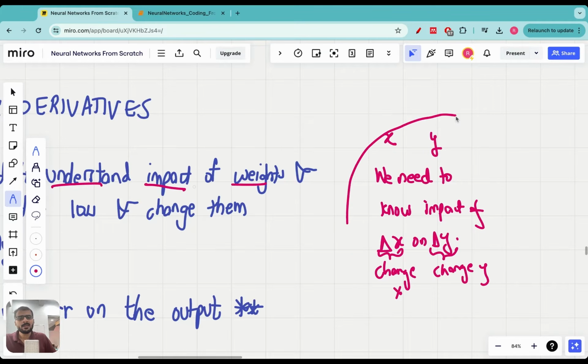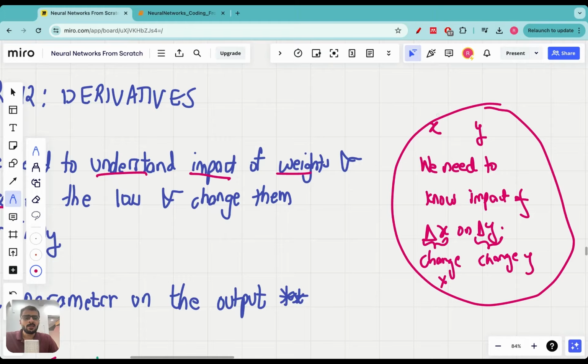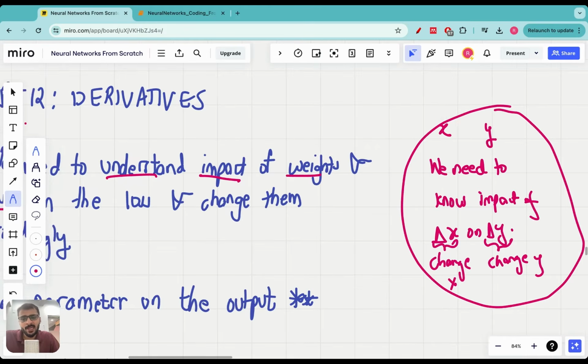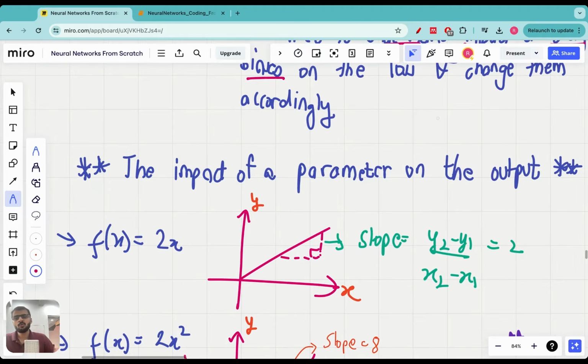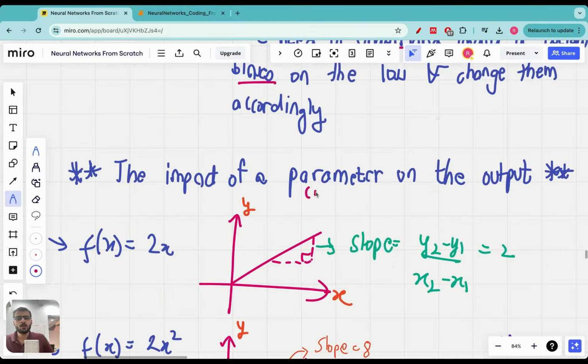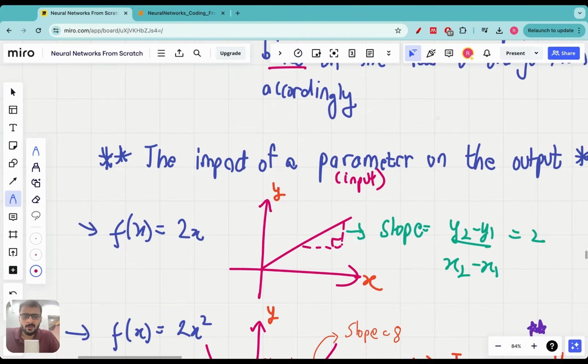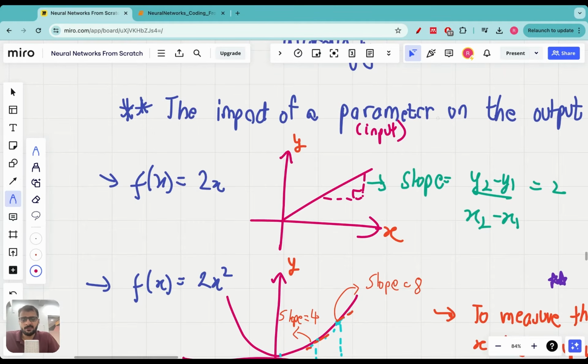And this exact quantity, the impact of change in x on change in y, can be calculated if you know the derivative of a function. So let us look at this further, how to find the impact of a parameter or input on the output. And through this, we will also understand the concept of derivatives.